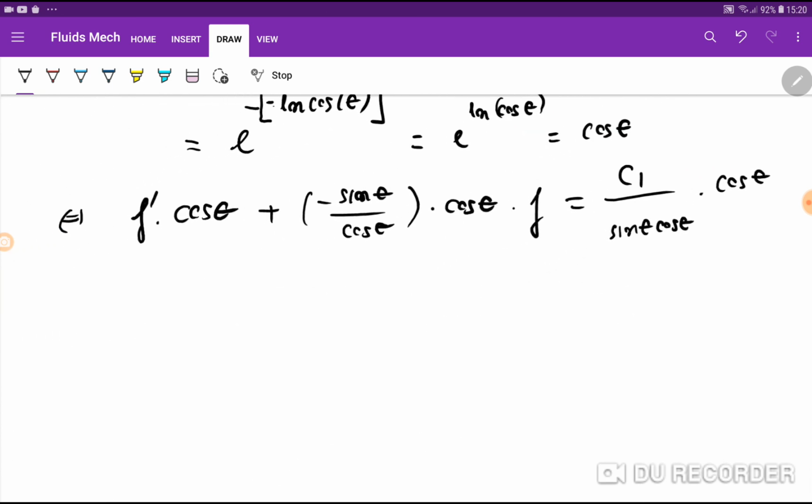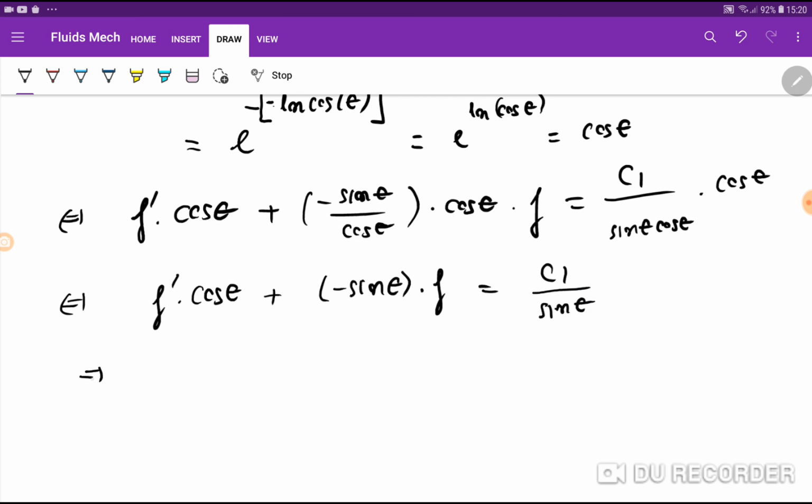So you have f prime times cos theta plus negative sine theta times f equals C1 over sine theta. This is f times cos theta, prime. You can verify it yourself. I already verified it in the last video, but if you have any question, drop it in the comment.